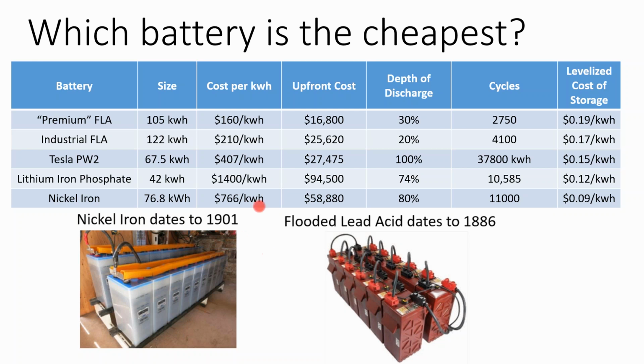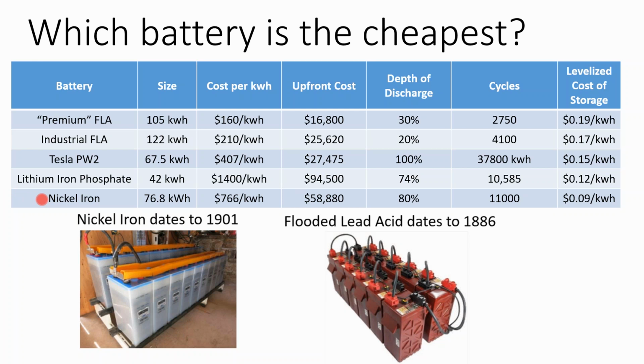And what we wanted to do was review lithium ion and flooded lead acid and look at other kinds of batteries, like the higher end lithium iron phosphate battery. And then we also looked into a nickel iron battery, which is not flooded lead acid, but you have to water and maintain the battery similar to flooded lead acid.